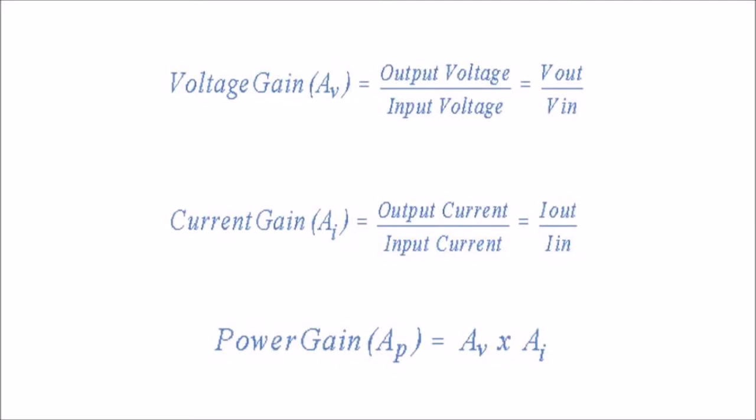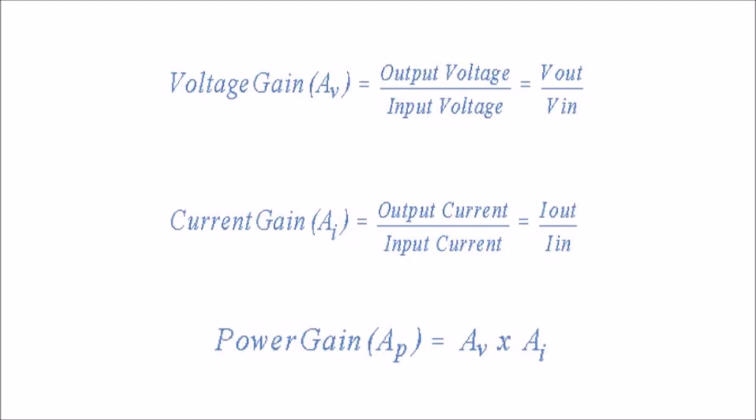Also, when calculating the gain of the amplifier, the subscripts V, I and P are used to denote the type of signal gain being used. The power gain or power level of the amplification can also be expressed in decibels, and a positive value of decibel represents a gain and a negative value of decibel represents a loss within an amplifier.